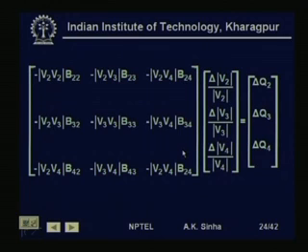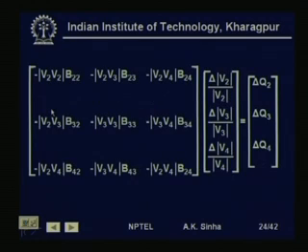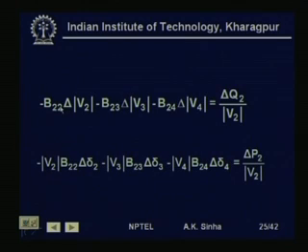So, now if we take up one equation, say the first row, that is delta Q2 is equal to minus B22 delta V2 minus B23 delta V3 minus B24 delta V4. This is what we will get.